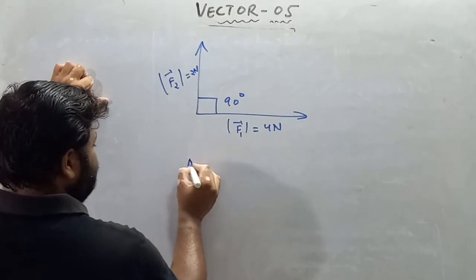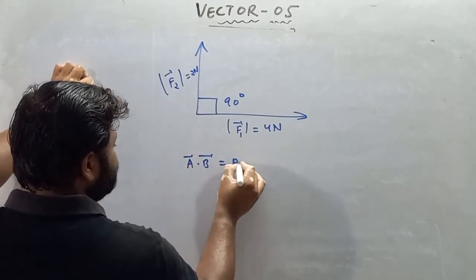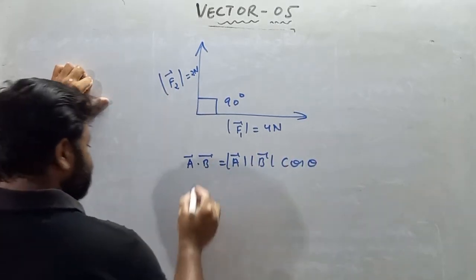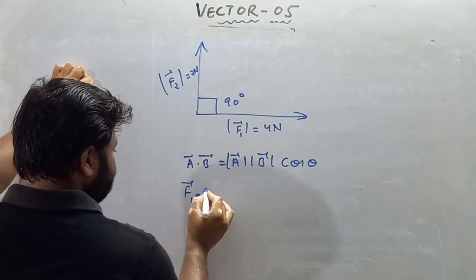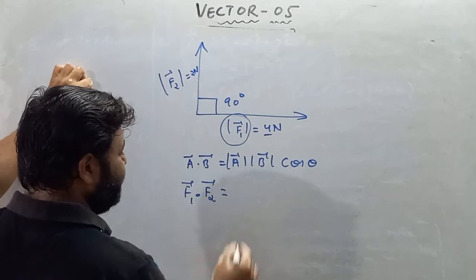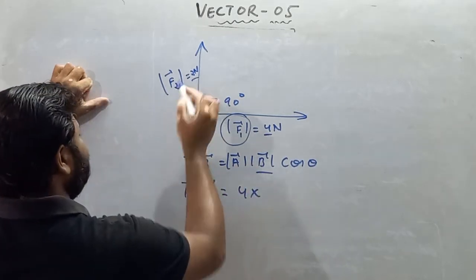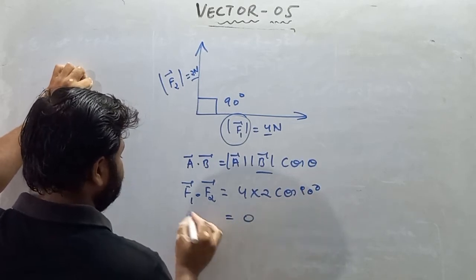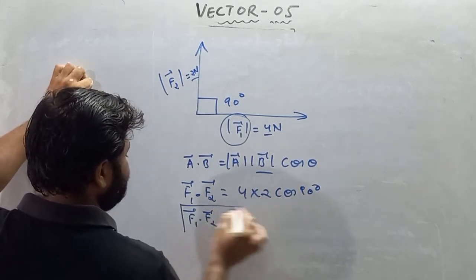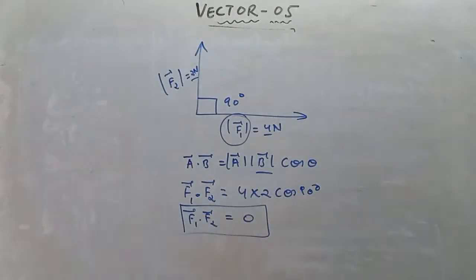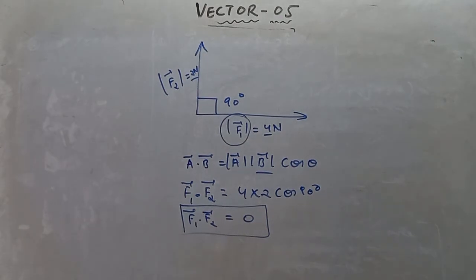So we know that a vector dot b vector is equal to magnitude of a vector, magnitude of b vector, and cos theta. So f1 dot f2 is equal to magnitude of f1, which is 4, multiplied by magnitude of f2, which is 2, and the angle between them is 90 degrees, cos 90 is 0. So we will say if two forces are perpendicular to each other, then their dot product is equal to 0. I hope you all understand how to deal with dot product.